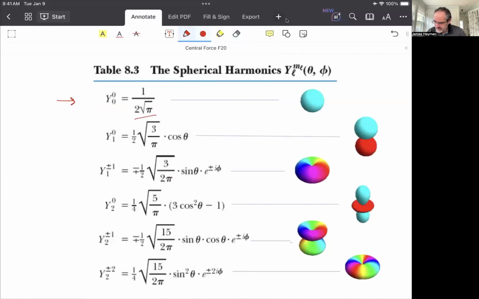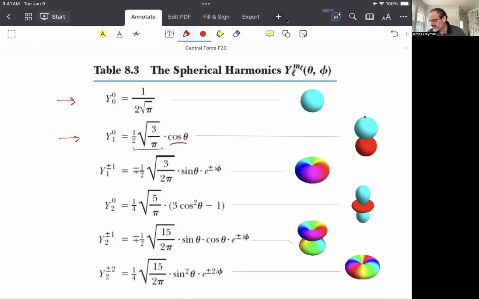Here, let's look at the next one. The next one is y, m equals 0, L equals 1. All right? And this looks like a different constant times cosine theta. If I make a polar plot of this, well, it looks like a plot of cosine theta. That is, at polar angle 0, the function has its maximum value, it's plus 1.